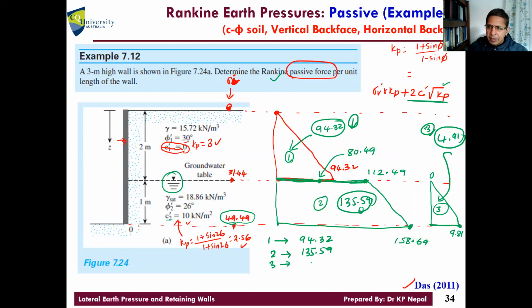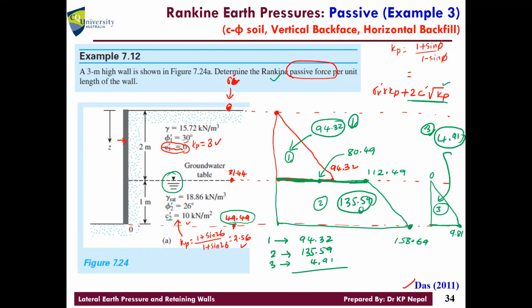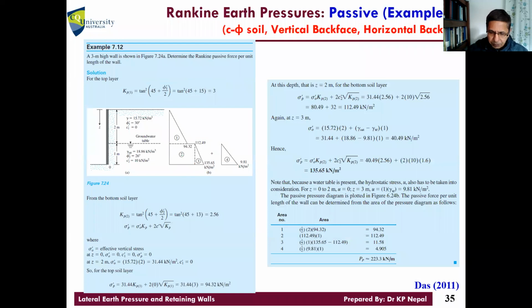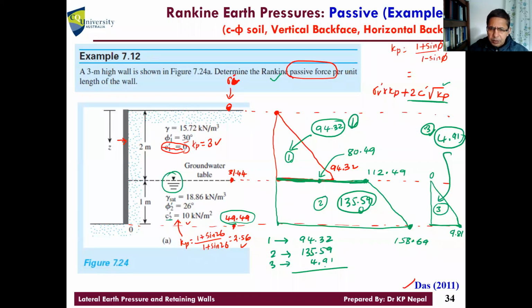Area 3 is 4.91. Sum them together: 234.82 kilonewton per meter of the wall, right?